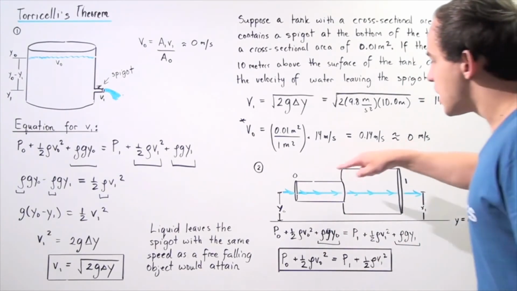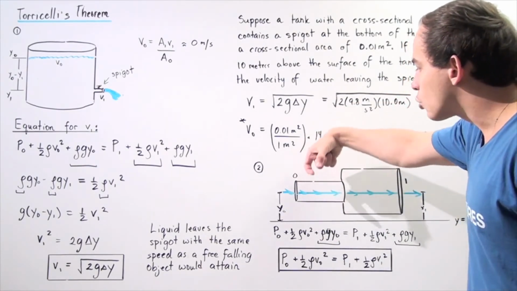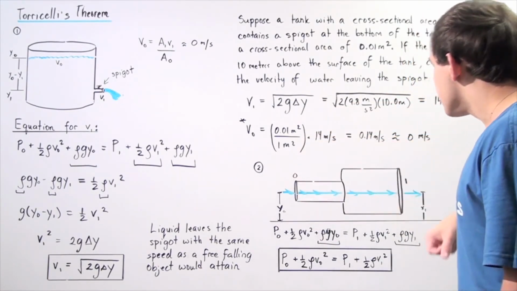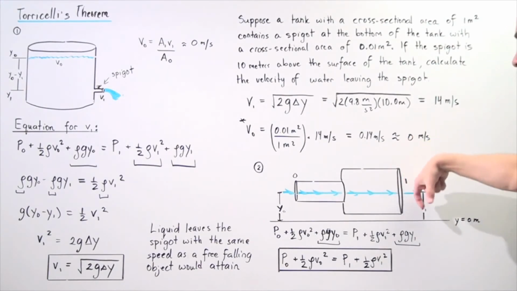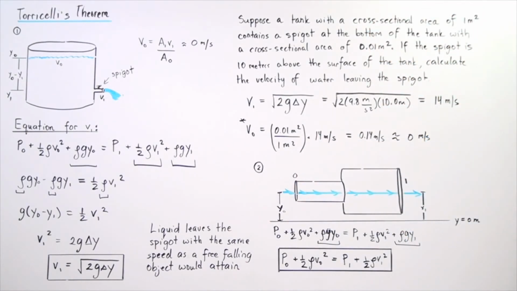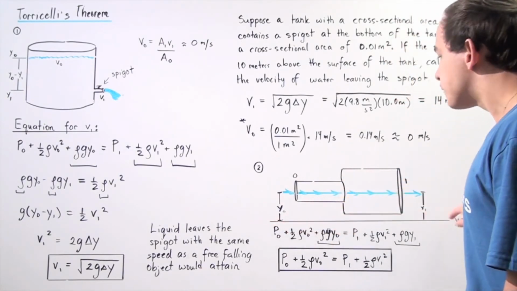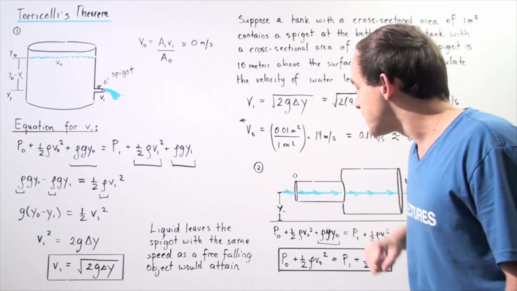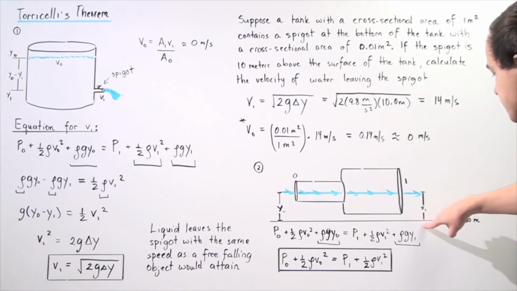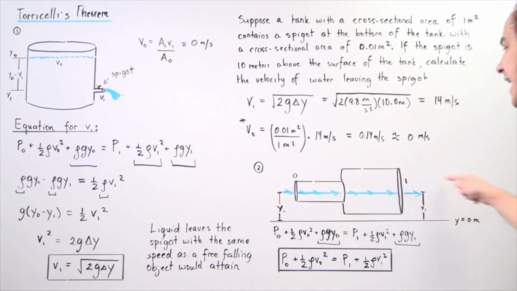So let's suppose on this side at point 0, our cross-sectional area is A0, and at this point our cross-sectional area is greater than the cross-sectional area in this section. Now, let's also suppose that the height from the ground, our reference point, to this section, and the height from our reference point to point 1 is the same exact height.